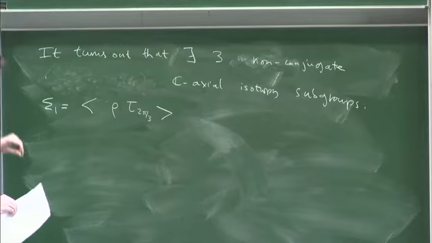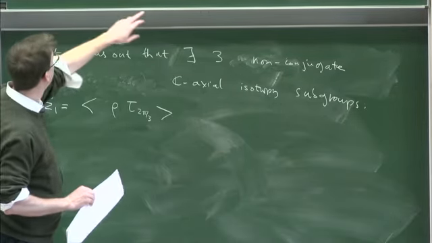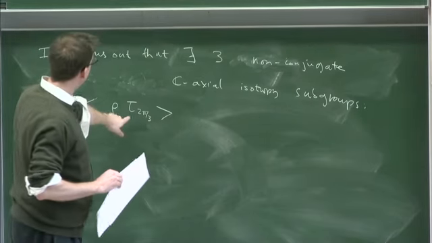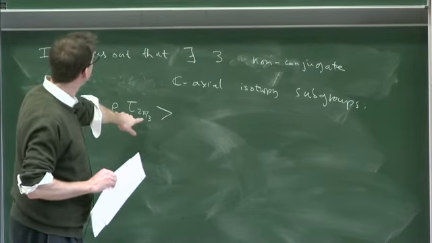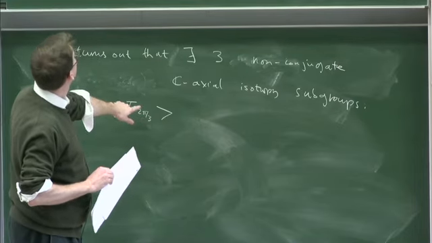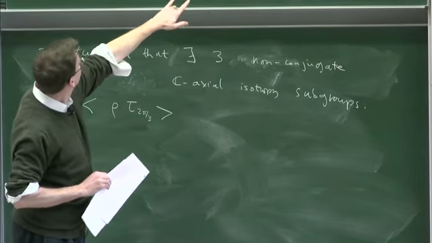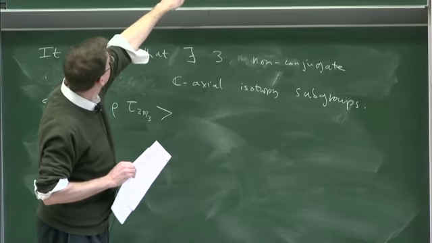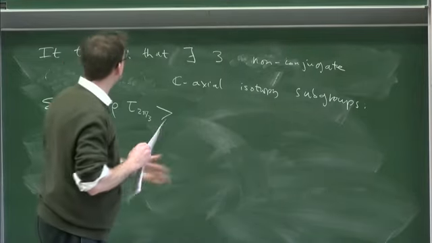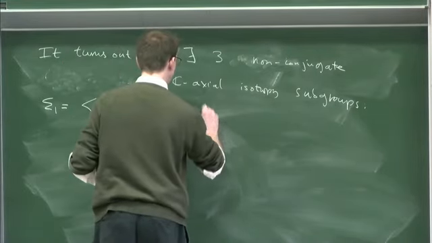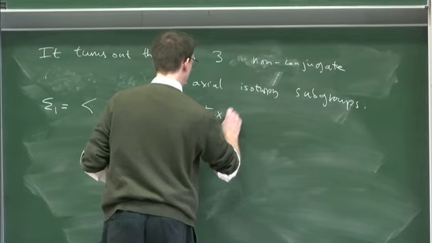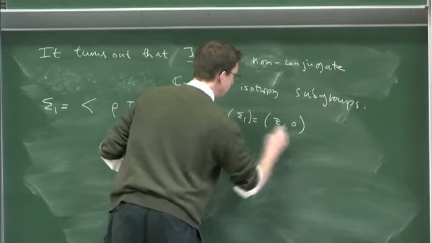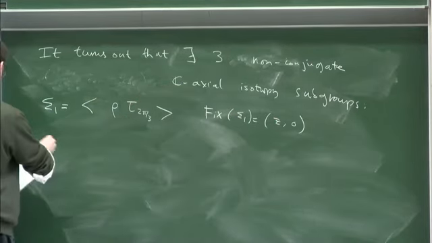If I take a point z1, z2, and I first do a time translation of 2 pi by 3, and then I do a rotation, then in the first factor those two factors cancel. In the second factor, they don't. So this is going to fix points of the form z, comma 0.